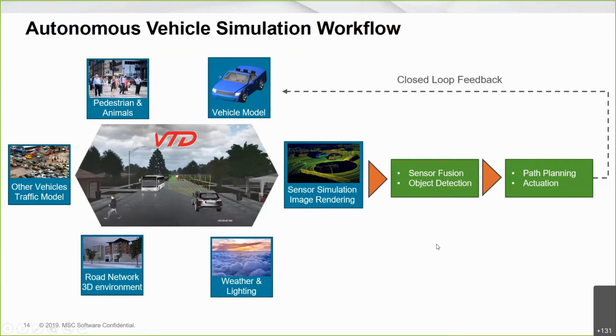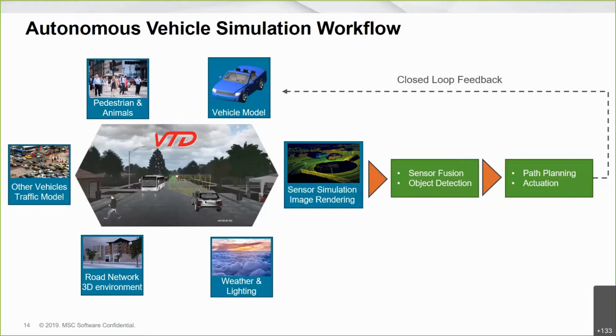And on the right-hand side, the first box is sensor fusion. Those are usually where the perception engineers do their work. After they get all the information from different virtual sensors, they will find a way to do sensor fusion and interpret those results from different types of sensors.